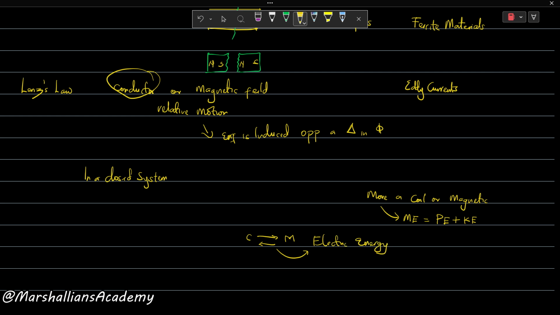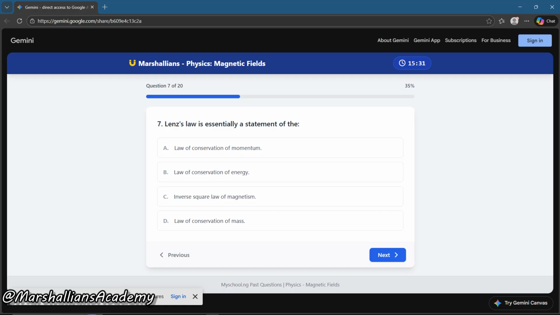And this electric energy is still converted back into another energy that wants to oppose the movement of the magnetic flux. So look at it, energy is just being transferred from one form to another, which keeps the total energy in the system the same. So it's basically an explanation of conservation of energy.